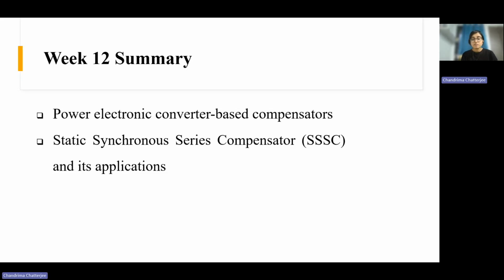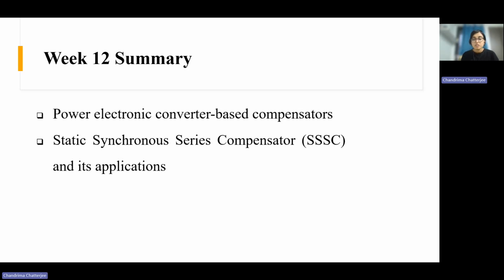In the last week, we started to discuss the converter-based compensators. In the earlier sessions, the compensators that were discussed were not converter based. We talked about HVC, static var compensator, then different types of HVC, then the series compensators.